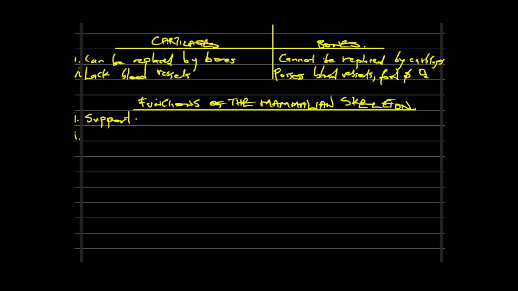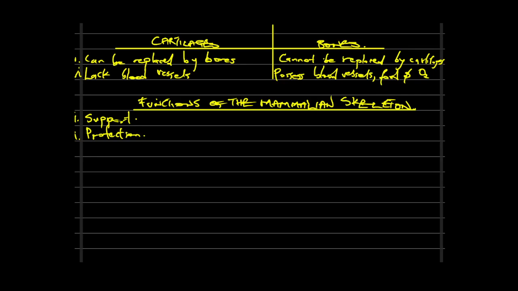Number two is protection. Now, we need to understand here that the skeleton of an organism protects internal structure from being damaged. The skeleton protects some vital organs of the body.